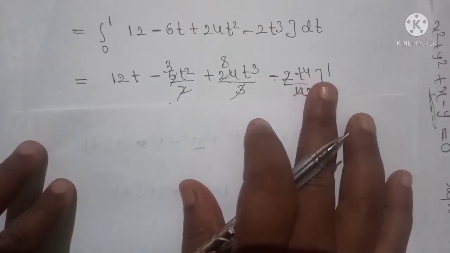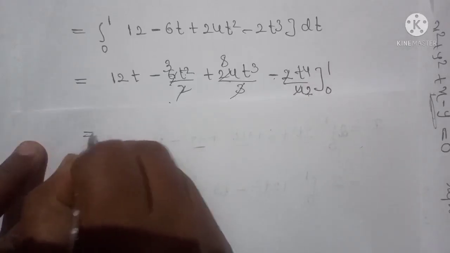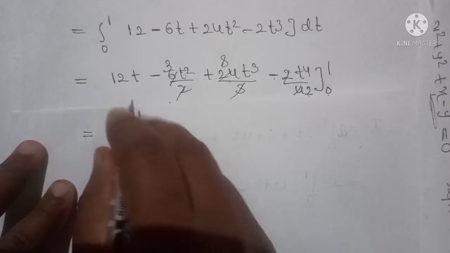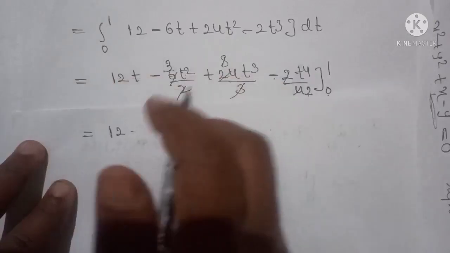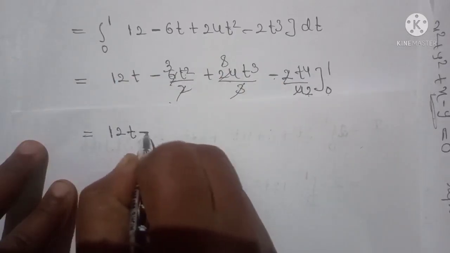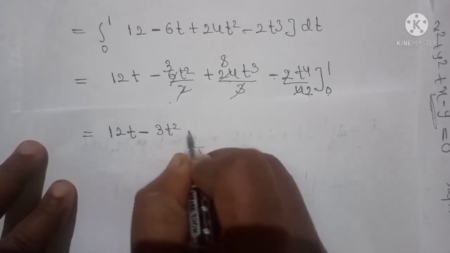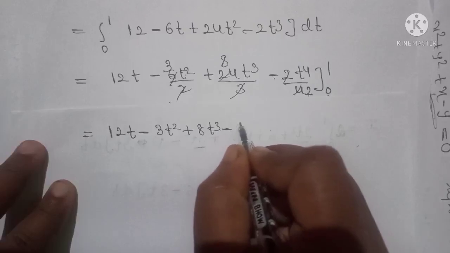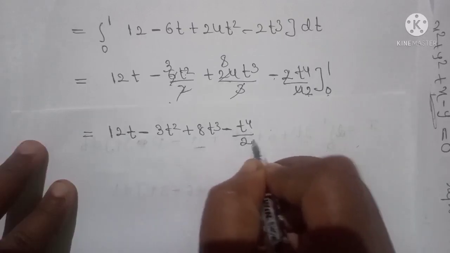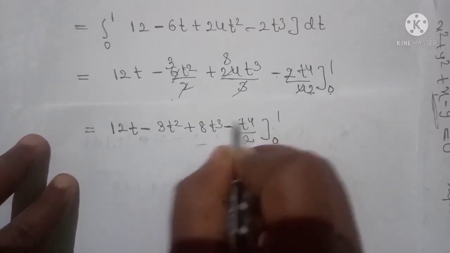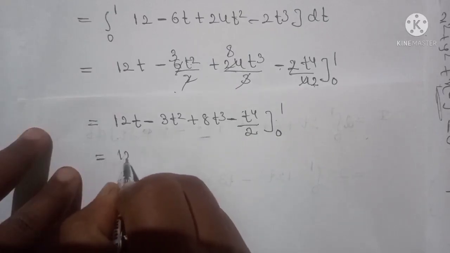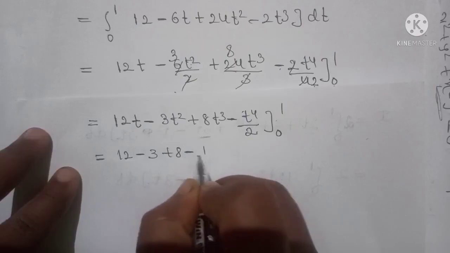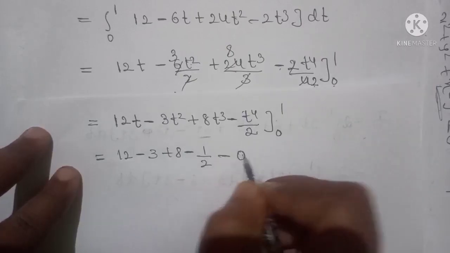Now applying the upper and lower limits, we write all these terms once again: it is 12t minus 3t square plus 8t cube minus t power 4 divided by 2, from 0 to 1. Now applying the limits, we get 12 minus 3 plus 8 minus 1 by 2, minus the lower limit which is 0.